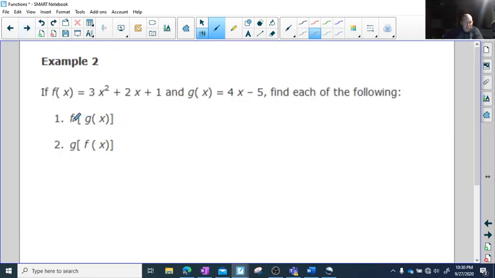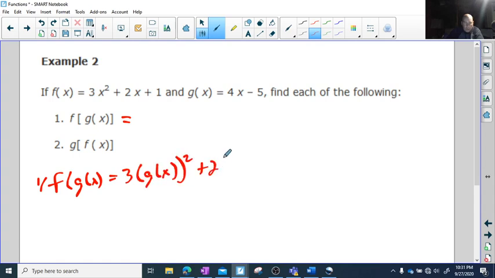Let's look at these two. So it says find f of g of x. Here's your two functions. So if I do f of g of x first, f of g of x says go to function f. There's function f. Instead of just an x, replace the x with g of x. So it's 3 g of x squared plus 2 times g of x plus 1.